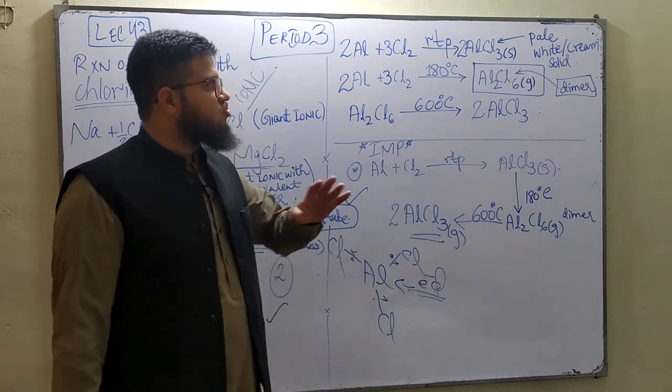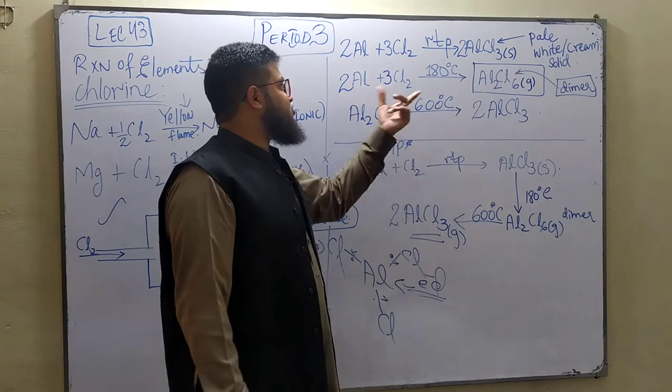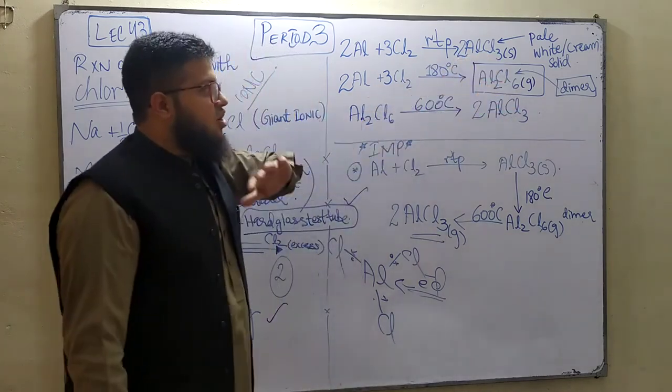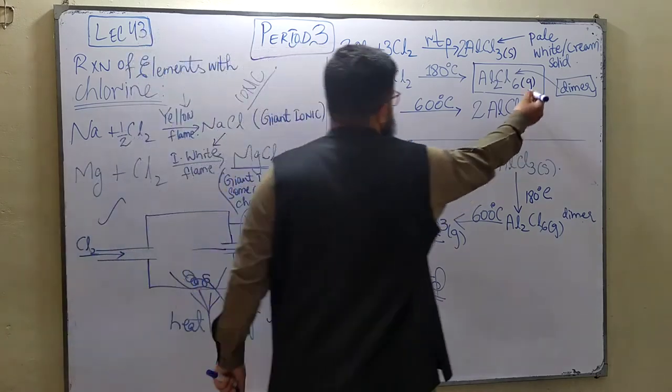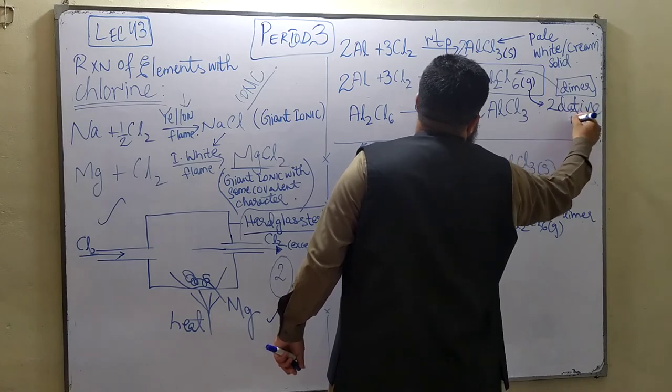But anyway, I'm not going into the structure, but it's called a dimer. Di means two, because it contains two molecules of AlCl3 combined together by dative bonds. Remember, there are two dative bonds within this molecule. This is also a question. Two dative bonds.